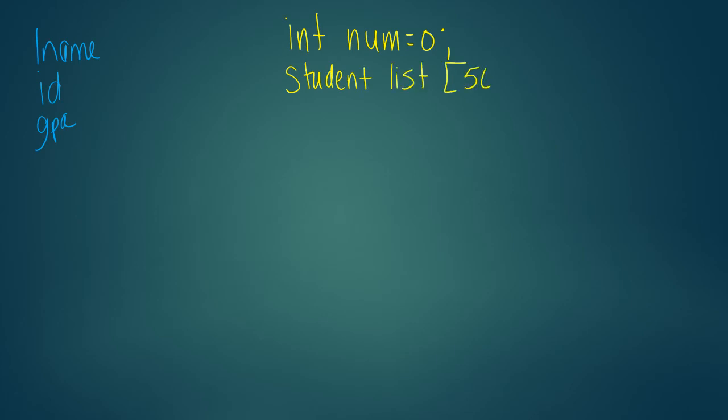So if I declare an integer num, and then I have an instance of student list, and I'm going to make it size 50. That means it has the potential to store 50 students, but maybe I don't need all 50. So I can ask the user how many students.